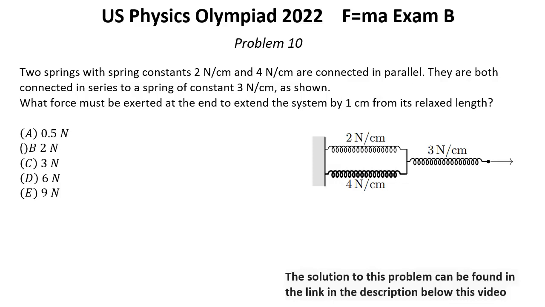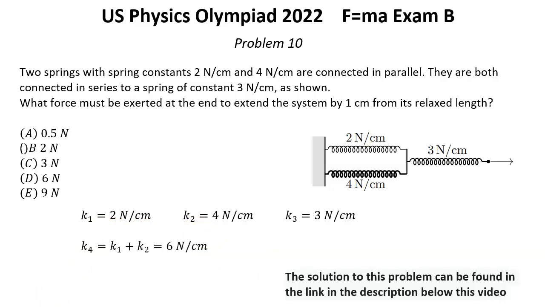Let's mark all spring constants by these meanings. Now we can use a regular formula for calculations of parallel and series connection for springs. For spring 1 and spring 2 in parallel, we have formula K4 equal K1 plus K2, which is 6 newtons per centimeter.